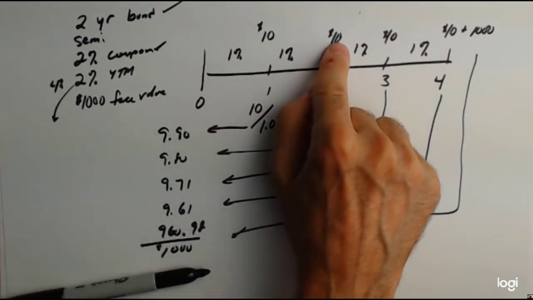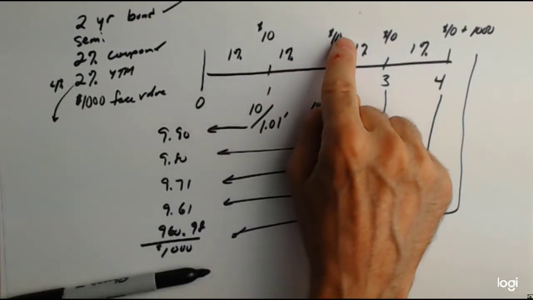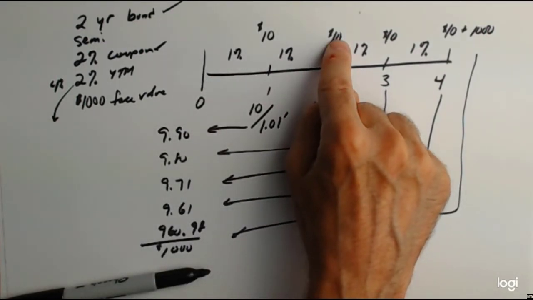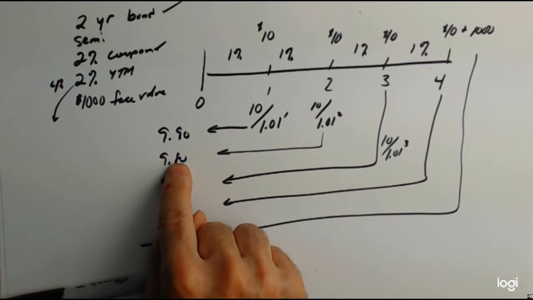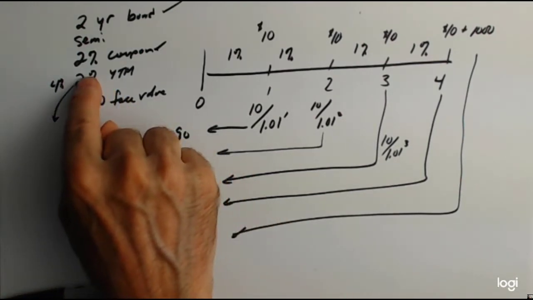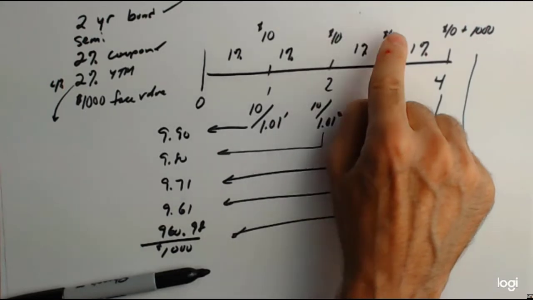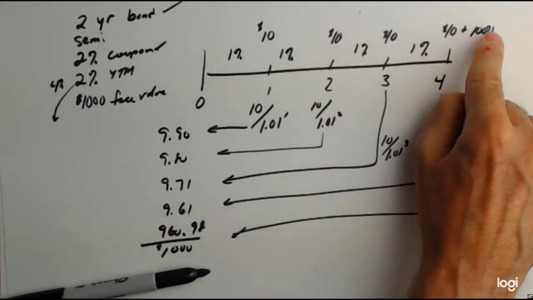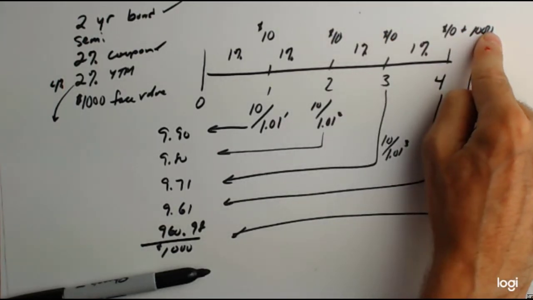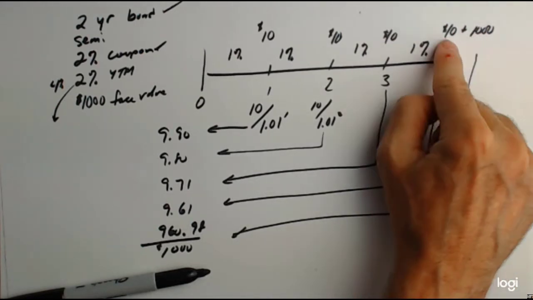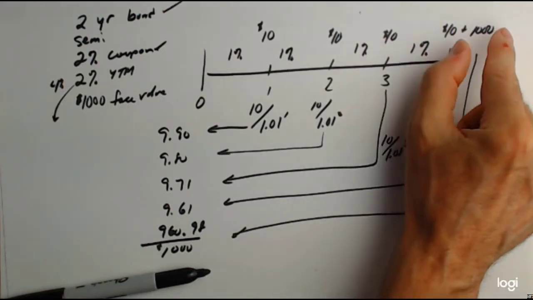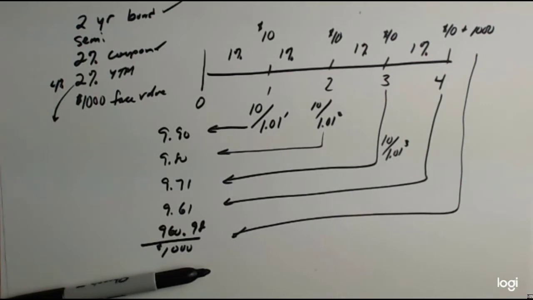Well, how much is this zero worth, which matures in 2 six-month periods, in other words, 1 year? Well, it's worth $9.80, given that the discount rate is 2% per year, 1% every 6 months. That's a zero, that's a zero, that's a zero, that's a zero. So you see that? And you can actually combine those. This could be one whole zero of $1,010.